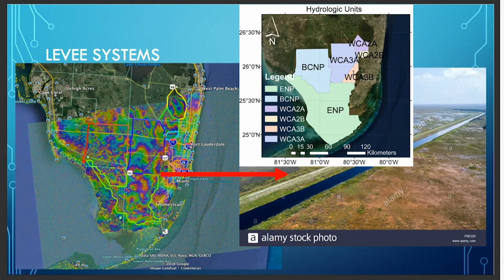That's exactly why you see the discontinuity between these 2, because the water level can differ by even like 90 centimeters across the boundary. It's a levee system, so it blocks water. It cannot flow naturally. So that's why we see lots of discontinuity.